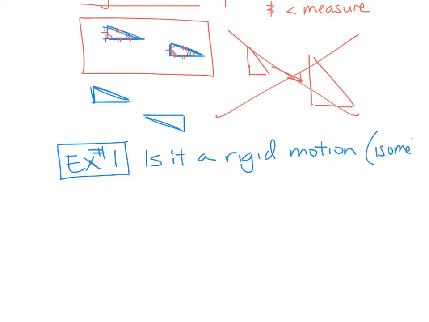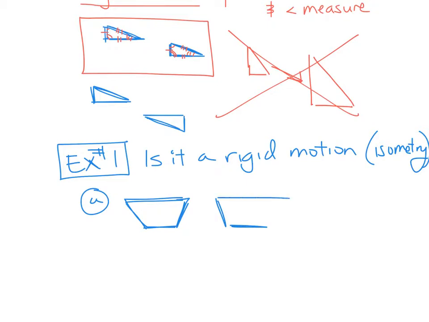That's the same thing as a rigid motion. So if you see isometry, think rigid motion. Is it a rigid motion? So let's say I give you this figure.